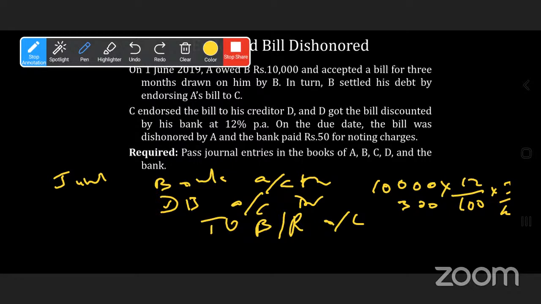June 1st. On June 1st, all these persons have endorsed from one person to another. All the transactions were done on June 1st. Now the entry is in the books of bank.